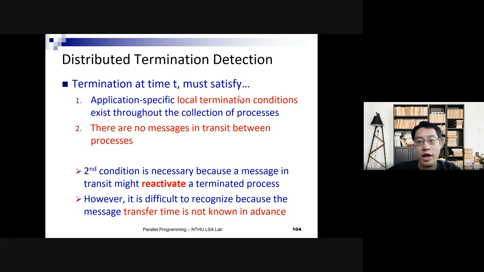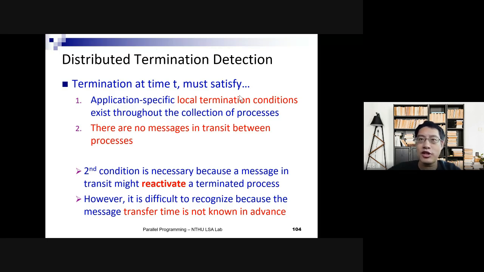Like homework one, for the sorting algorithm, the odd-even sort, you actually don't need to iterate through n iterations, because your numbers may get sorted at an earlier iteration, maybe even the first iteration.